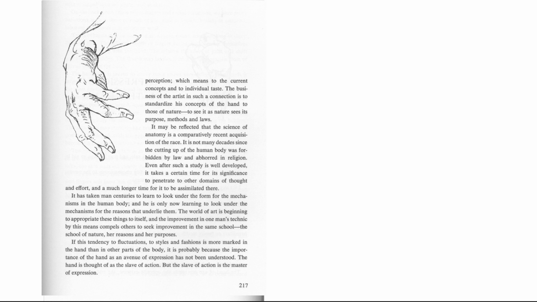Bridgman's book is one of the first that looks underneath the skin to understand the true mechanics of the human body. But again, he's letting his students know first what the importance is of studying the human form by utilizing a whole range of cultures and artists as examples as to how each one of these cultures and individuals painted the hands based upon who they were painting for or what they were painting for.